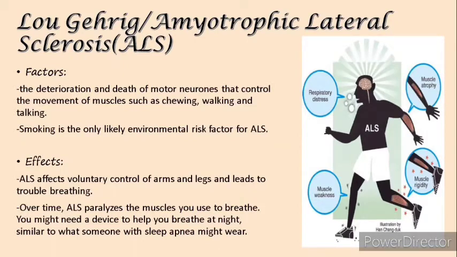It affects voluntary control of arms and legs and leads to trouble breathing. Over time, ALS paralyzes the muscles you use to breathe, and we might need a device to help us breathe at night, similar to what someone with sleep apnea might wear.